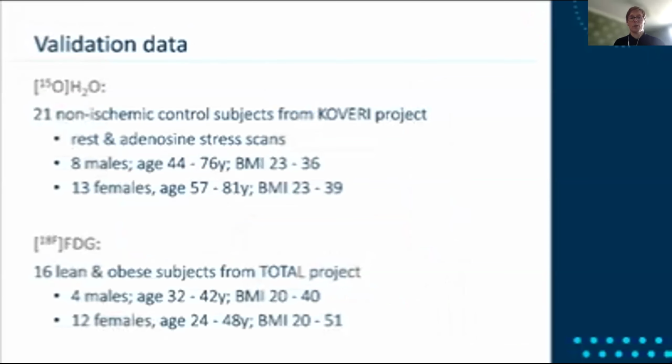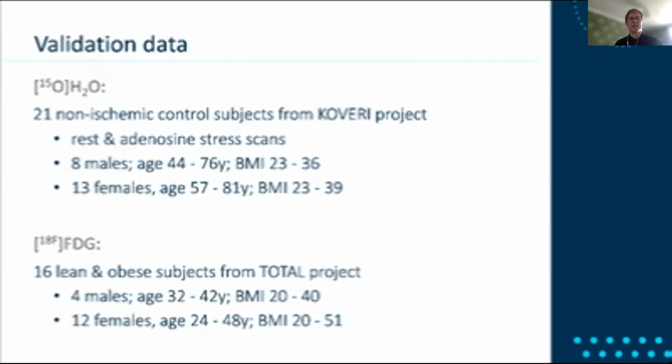So that was all about the method description, and now I'll move on to show how we have validated the automated method. And we have evaluated the processing using 2 different data sets. The first set includes radio water data, which contains 21 older control subjects from our larger coronary artery disease study. And here the subjects were scanned in 2 conditions, at rest and during adenosine injection.